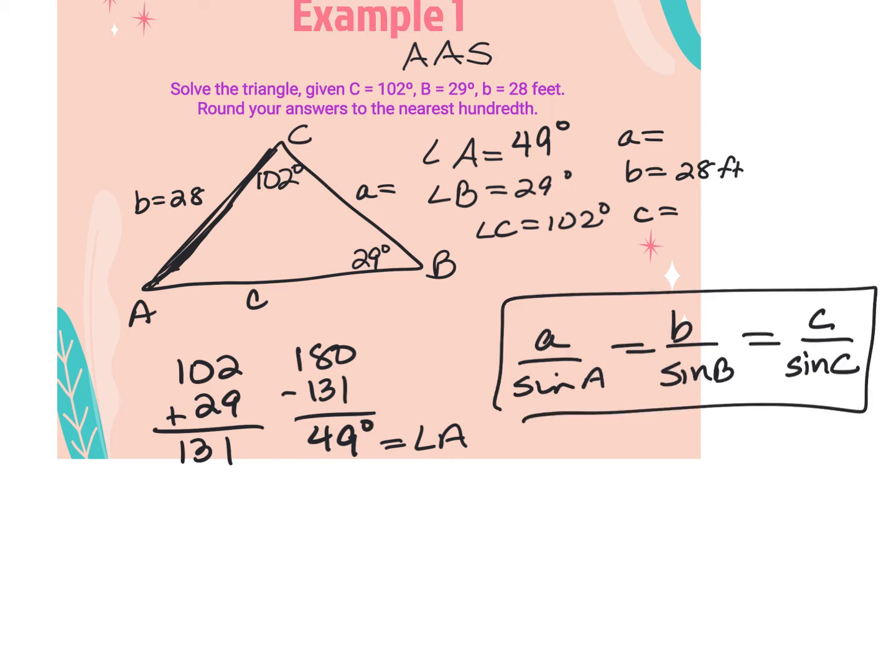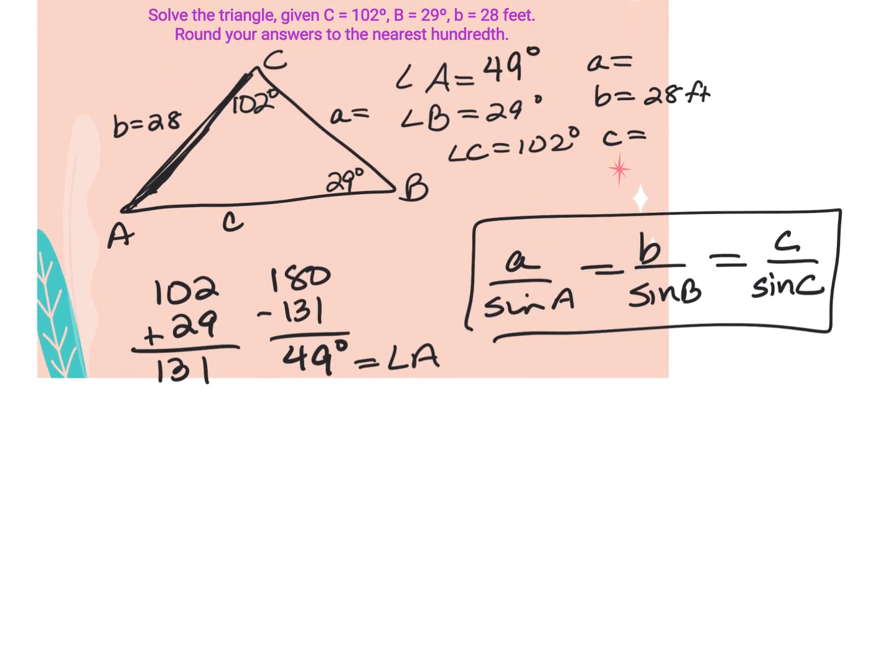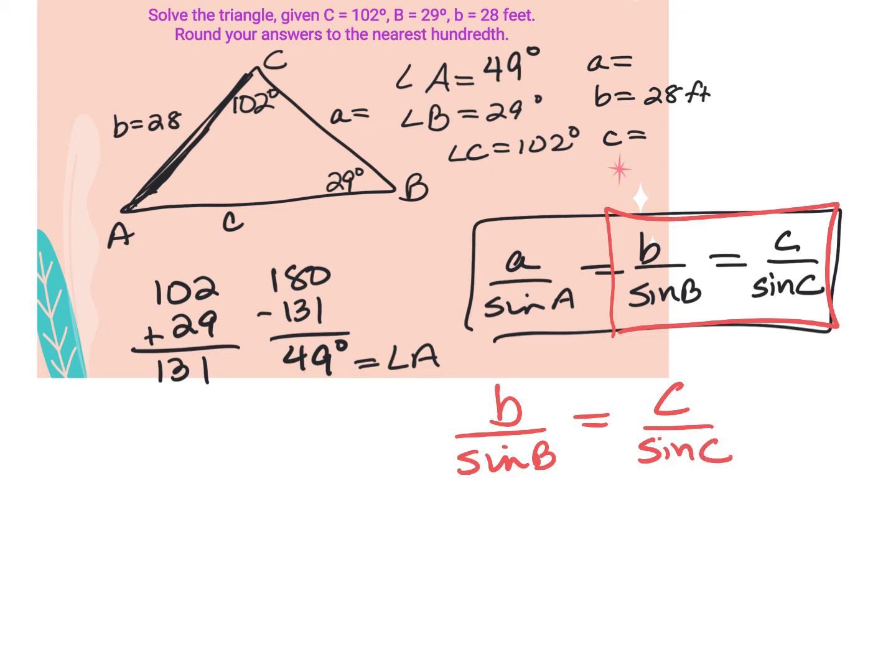So first I'm going to use B and C, just this part of the formula. So I'm going to be doing b over sine B equals c over sine C.